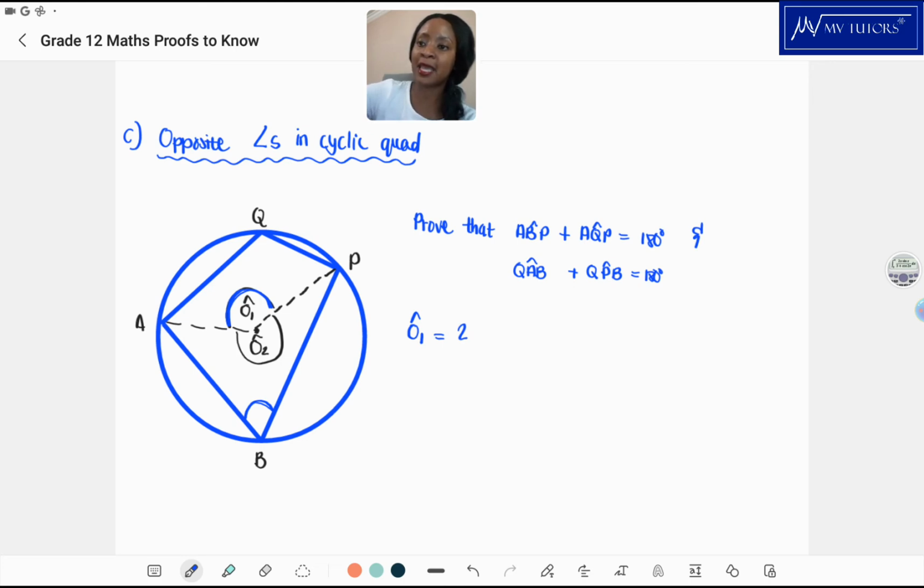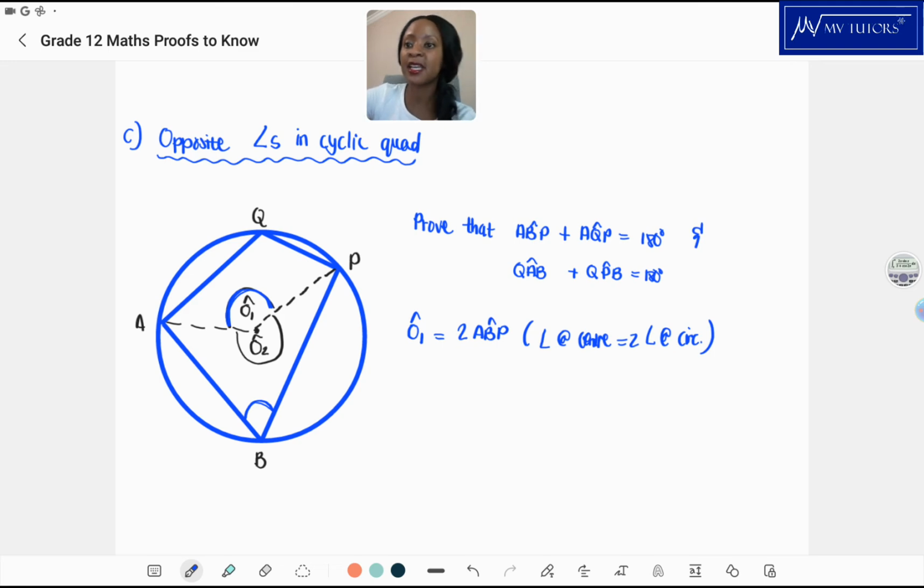I'm going to say ABP. So angle O1 is equal to 2 times ABP, and our reason there will be angle at the center is twice the angle at the circumference.